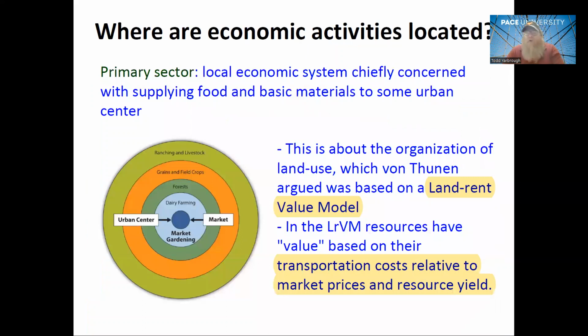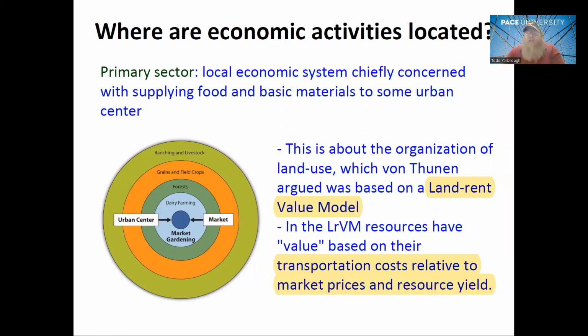So what we've established so far in the course is a general look at what we might call the primary sector view. The primary sector view is a way of thinking about spatial orientation, primarily with respect to a single urban center and how that urban center is facilitated with economic resources. This harkens back to von Thunen's land rent value model, which helps to explain the dispersion of different types of resource locations.